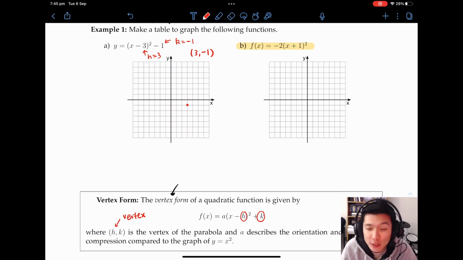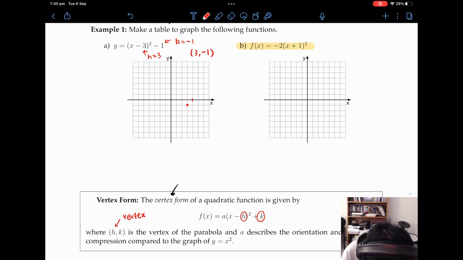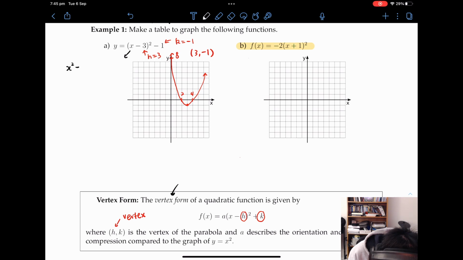And it turns out that this actually gives us the exact same graph as the example above. You don't have to take my word for it. I can show you that when we expand this parabola here, we will get x squared minus 6x plus 9 minus 1.